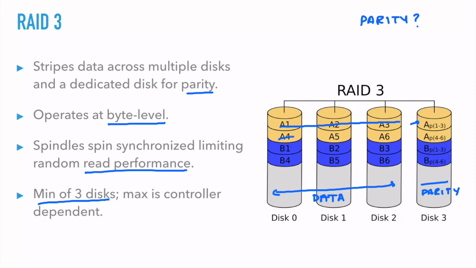Same is the case with the second row. It would generate the parity AP 4 to 6, and so on. Parity is used to recover the data in case any one of the disks fails. If this fails, then data will be used from the available disks and the parity bit to regenerate the lost data.